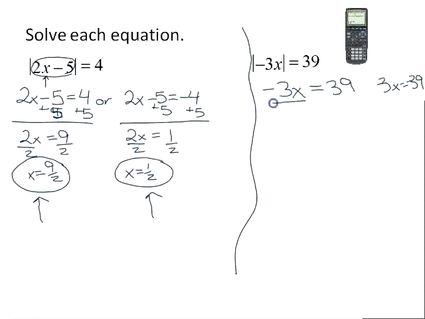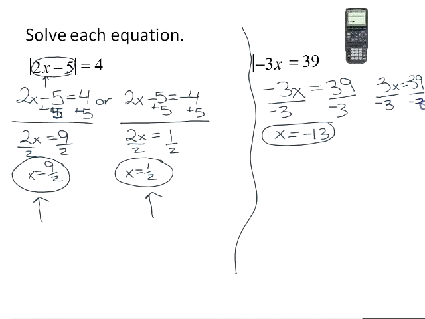So then when I solve each of these, I'll divide by negative 3, and that's going to give me x equals negative 13 for my first solution. When I solve the second equation, I'll also divide by negative 3, but that's going to give me negative 39 divided by negative 3 is, in this case, a positive 13. So my answers here are a positive 13 and a negative 13.